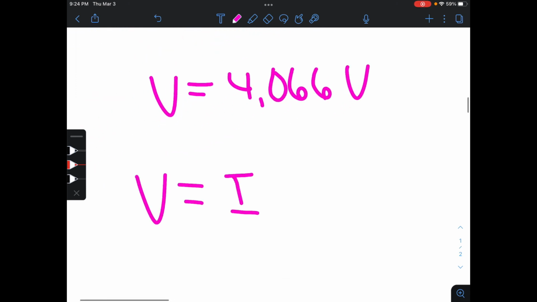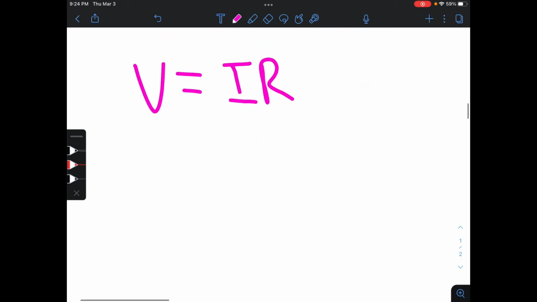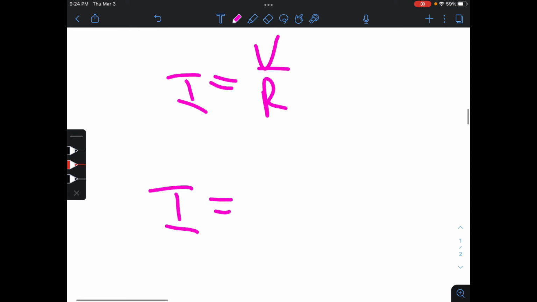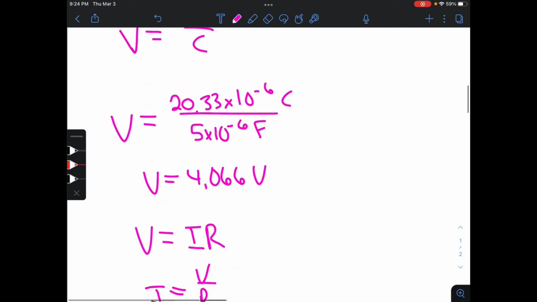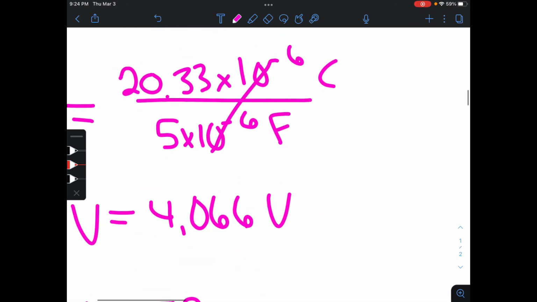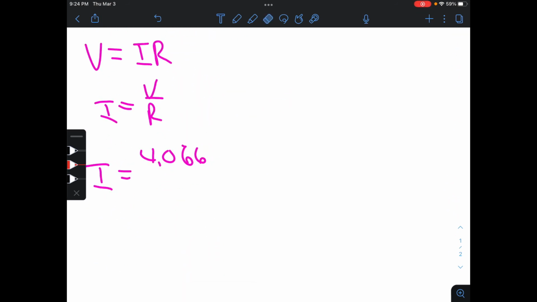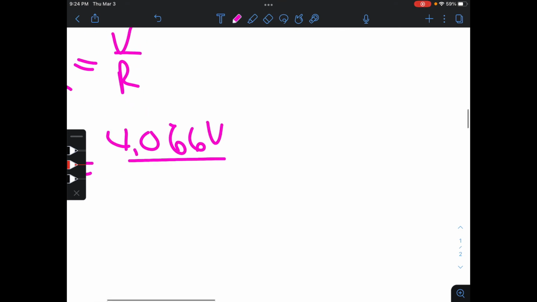So then we use V equals IR, and then we rewrite that, so I equals V over R. But now it's using this voltage we just found. So I is equal to 4.066. And again, I'm not worrying about my units because these are both negative 6, so it'll just be 20.33 divided by 5, this is 4.066 volts, and then divided by our 500 ohms.